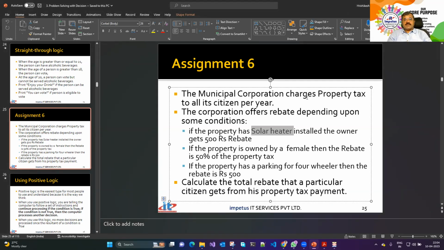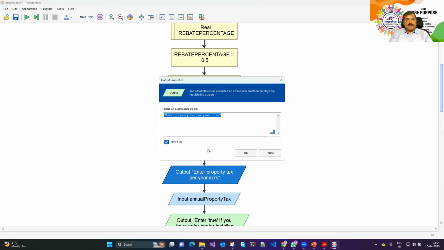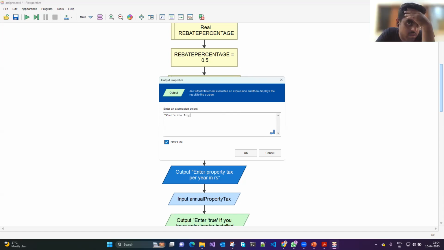Municipal corporation charges property tax to all its citizens per year. So ask a question: enter the property tax per year in rupees. Sir, what's your annual property tax? The property tax could be for any property, correct?